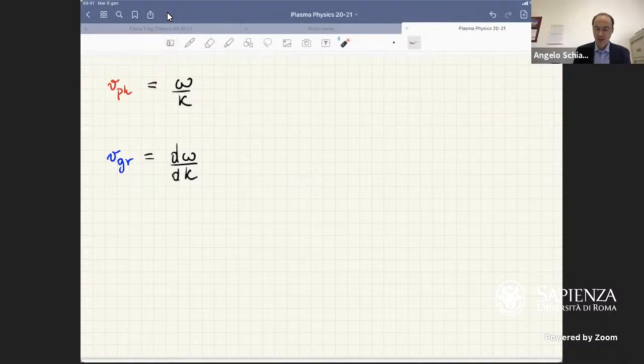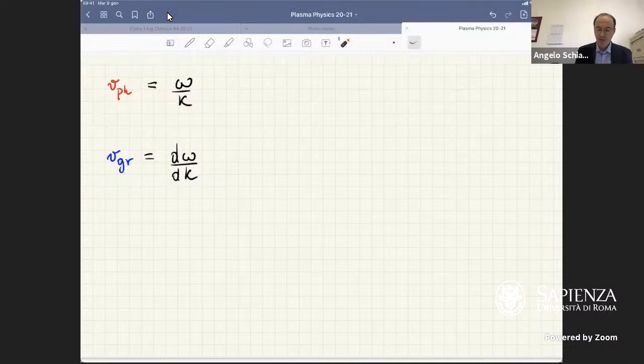So it's important to remember that the phase velocity can become superluminal very easily, can go to infinity. We'll see many examples where the phase velocity goes to infinity, but that is just a mathematical velocity of the phase. And we'll see that this is not connected to any transport or any physical quantity that can be observed.